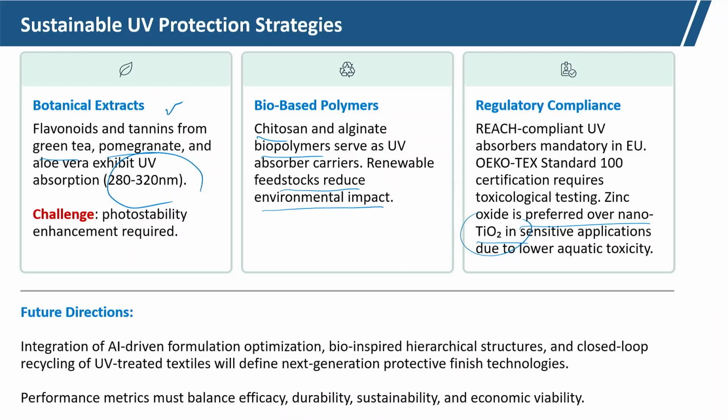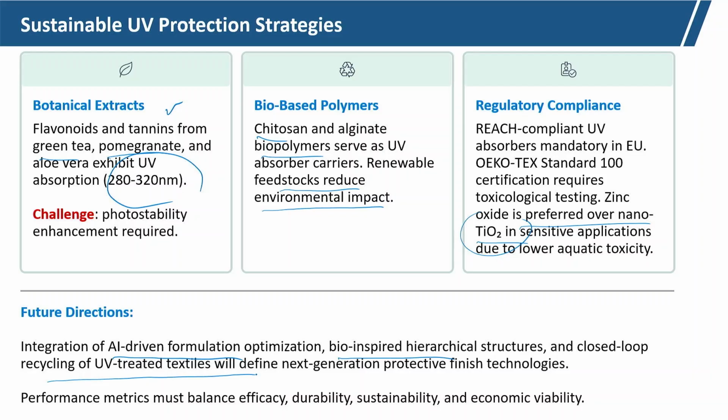The future directions are the integration of AI driven formulation optimization. So, that will give us the prediction of what type of UV protection is required, bio inspired hierarchical structure, closed loop recycling of UV treated textiles.